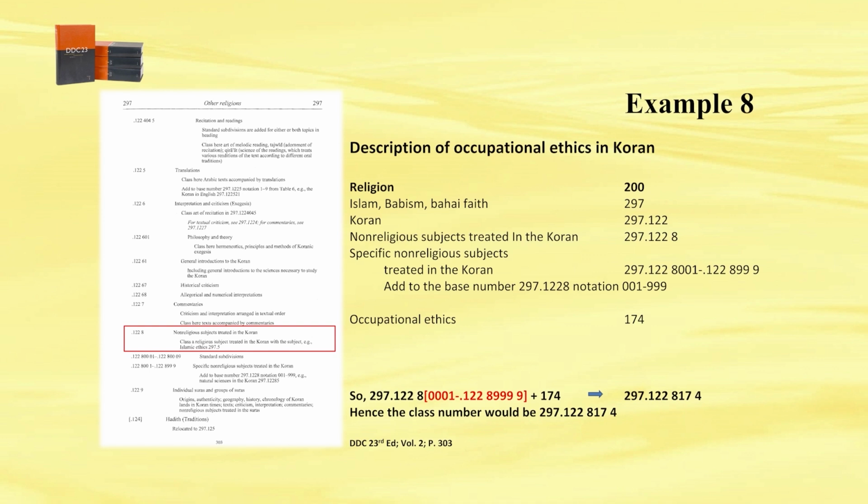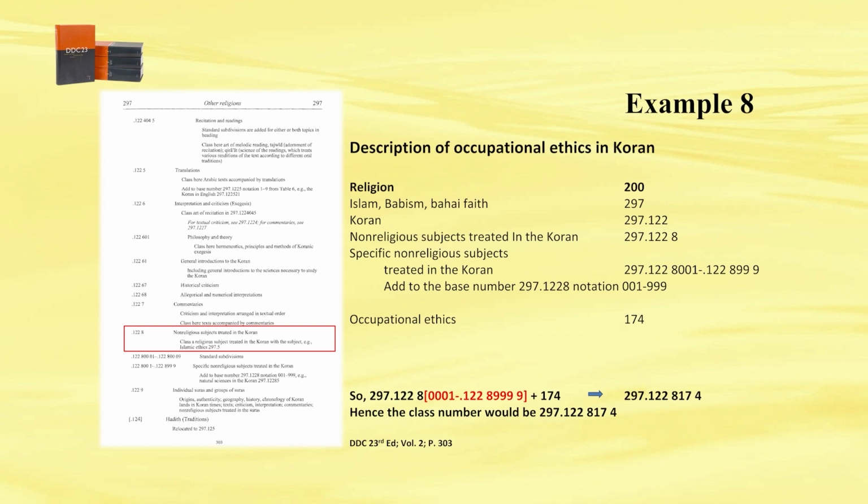Okay. So under the Quran, there is another entry, that is specific non-religious subject treated in the Quran. The number is 297.122.8001 to 297.122.8999. You will find it on page number 303 of volume 2.